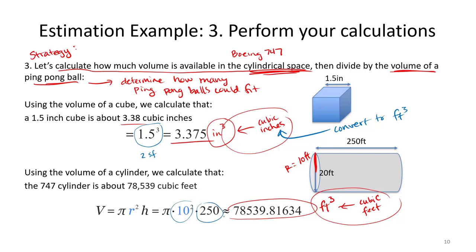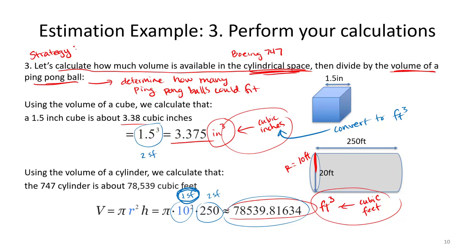Or here, we're looking at 1 significant figure for our radius and 2 significant figures for our length of the cylinder. So our least precise value here has 1 significant figure.